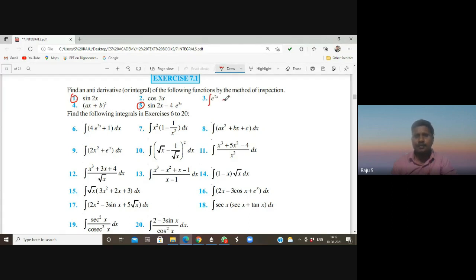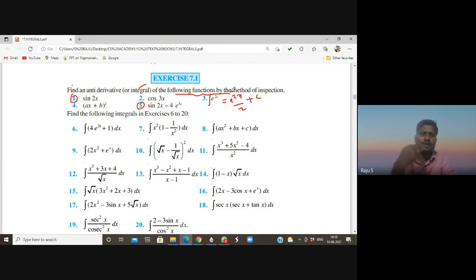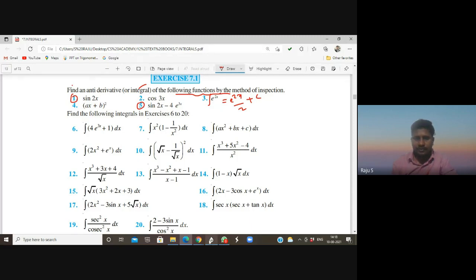See here, integral e power x is e power x. That's all. This is the answer. But what they're asking is to find the antiderivative or integral, which means the integral alone. We can do it in some different way. Okay, that we'll do later. First, question number 6 onwards, we'll do it.